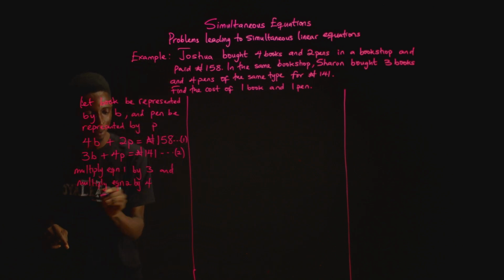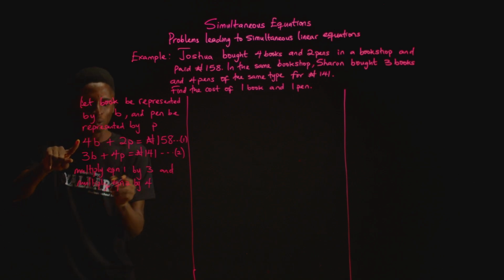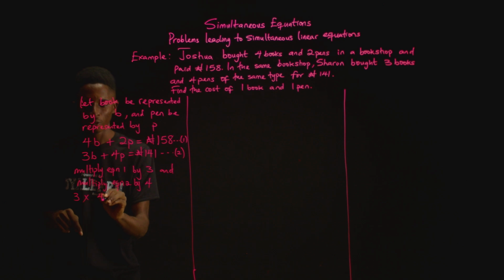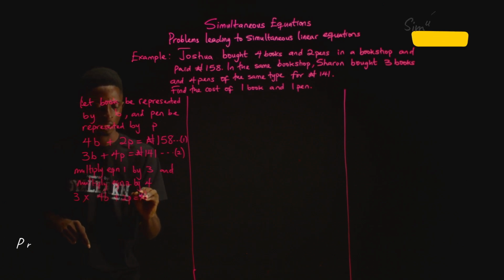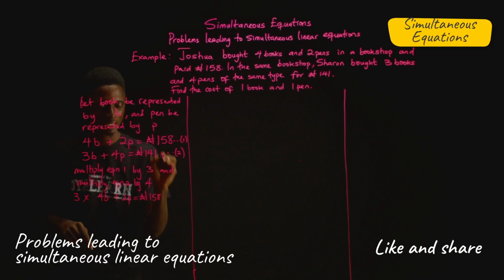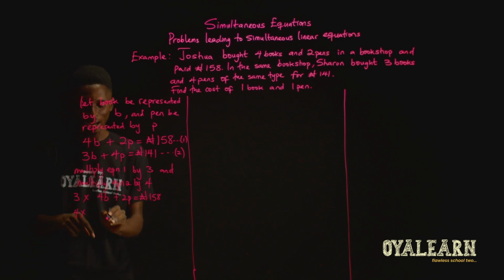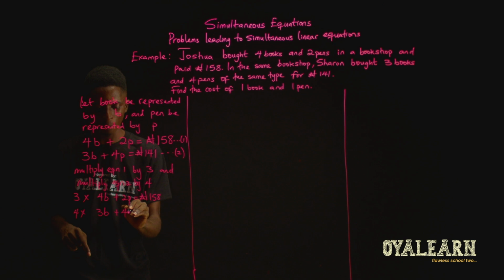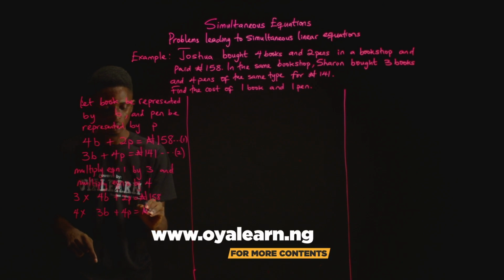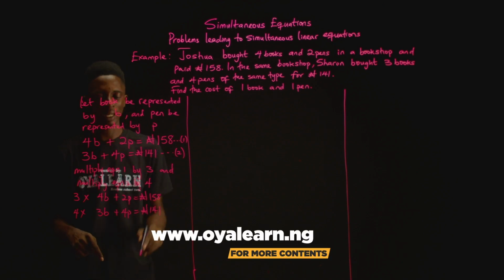And this can be written as, now remember equation 1 is multiplied by 3, so I have 3 multiplied by (4B plus 2P) equals 158 naira. And then I have 4 multiplied by (3B plus 4P) equals 141 naira.